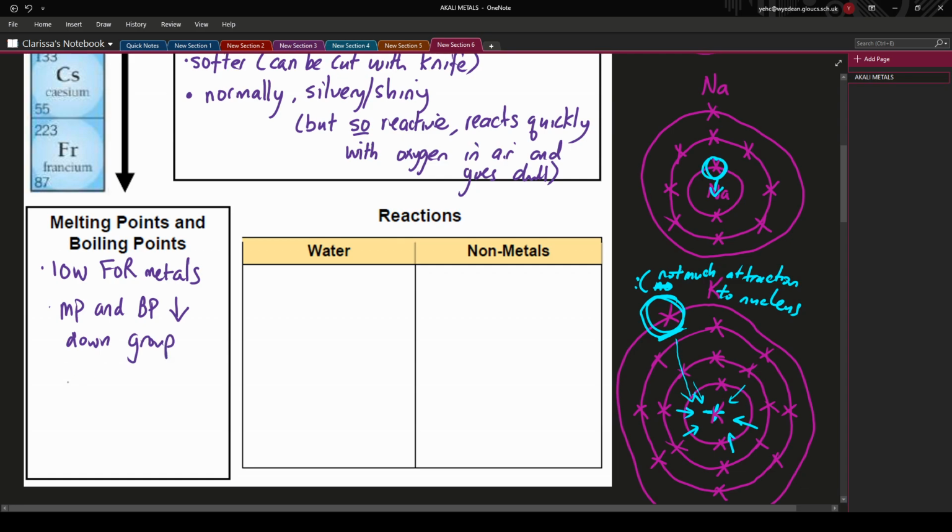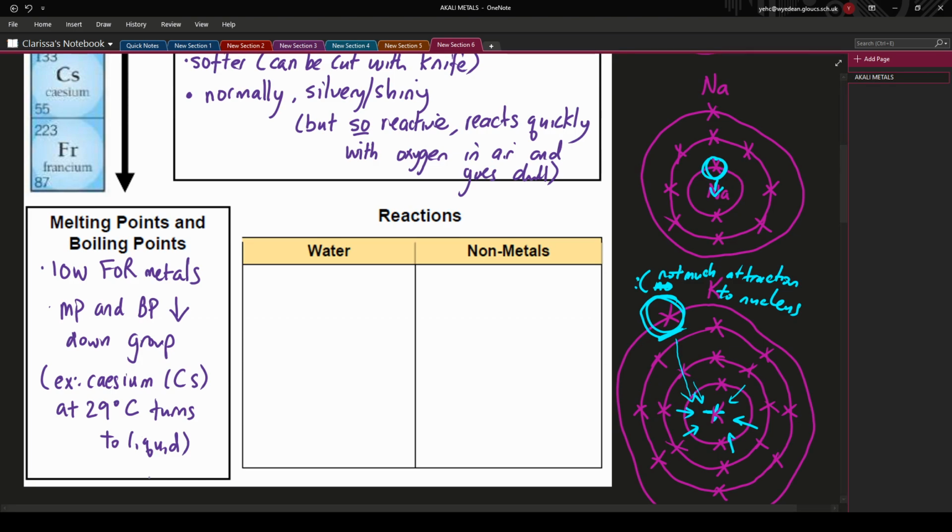Just as a quick example, cesium, which is Cs, at 29 degrees turns to liquid. So at 29 degrees, which is like weather we've experienced before, that's when cesium, a metal, would actually turn into a liquid.